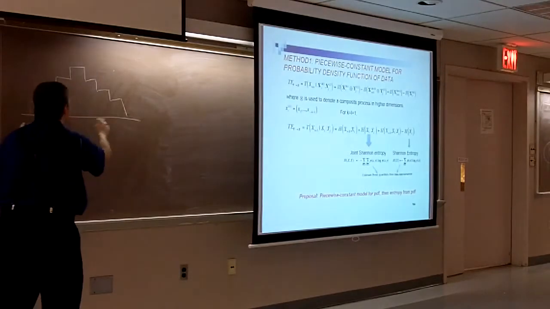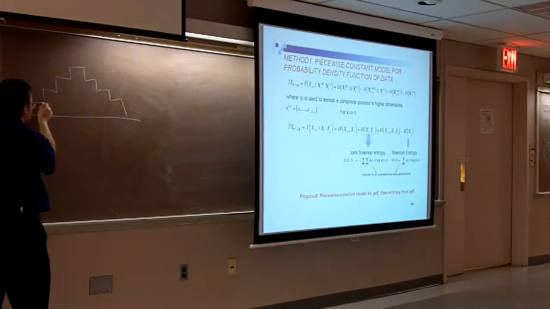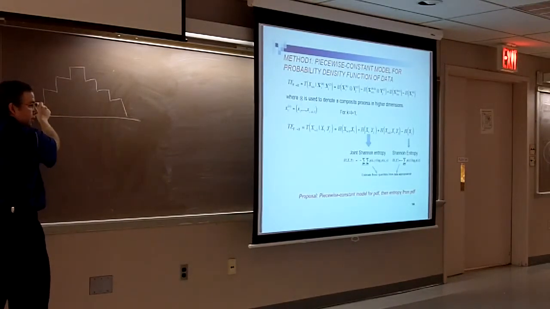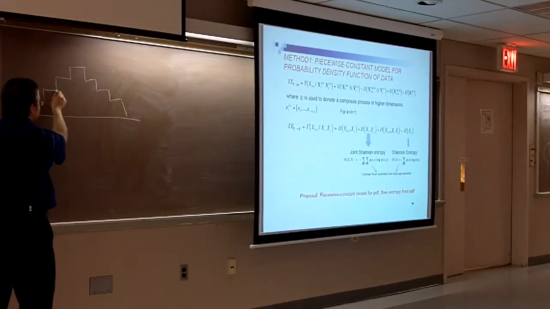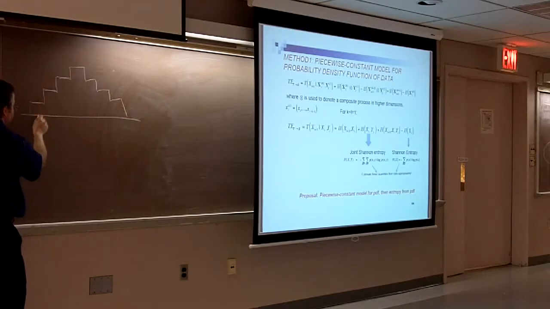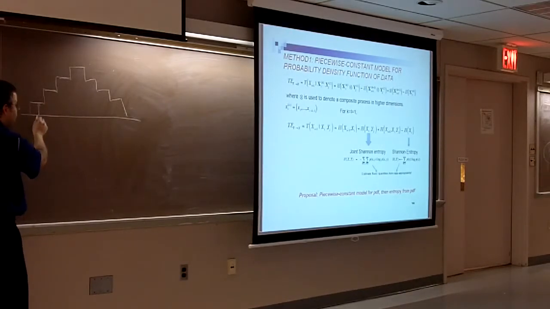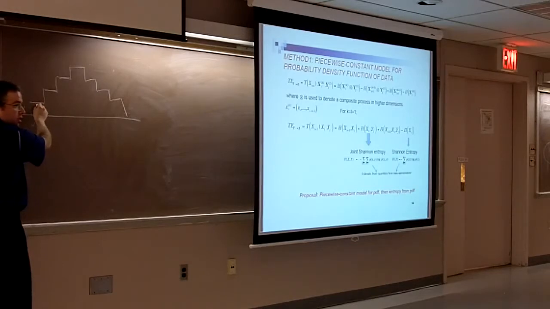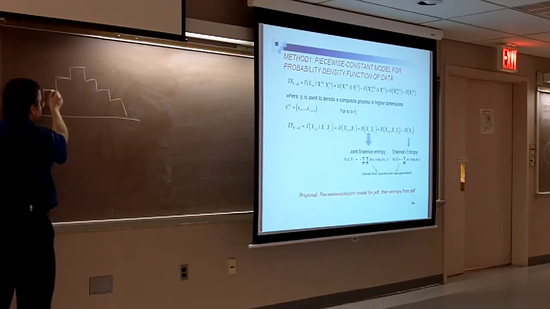So this section has a probability. This section has a probability. This section has a probability. What I mean by probability is that the height has its own density function. This height has its own density function.